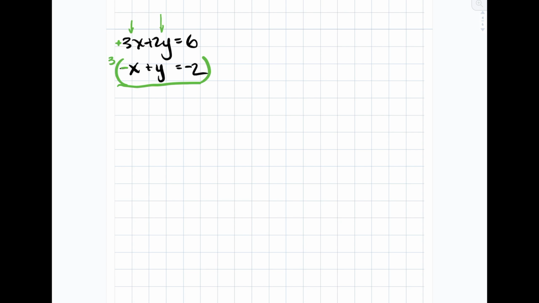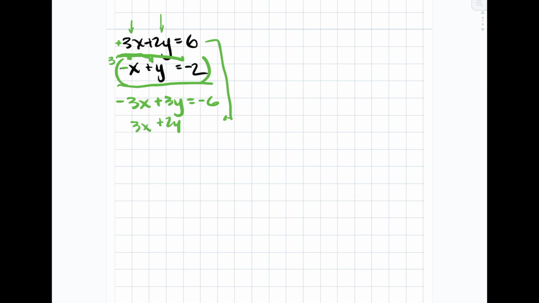So let me rewrite this over again. So 3 times negative x is negative 3x. 3 times y is positive 3y. And 3 times negative 2 is negative 6. Let me bring this one down.